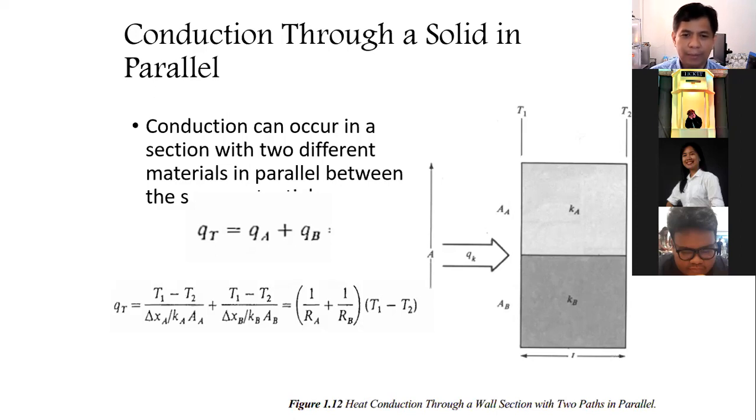So we have material A and material B. So what will happen if you're going to imagine it is the amount of heat flux will be divided, no, into the two material. So depende kung saan mas mataas yung resistance, mas konting heat yung magpo-flow doon, and then kung saan mas konti yung resistance, di ba? Generally, doon magpo-flow yung majority ng heat.